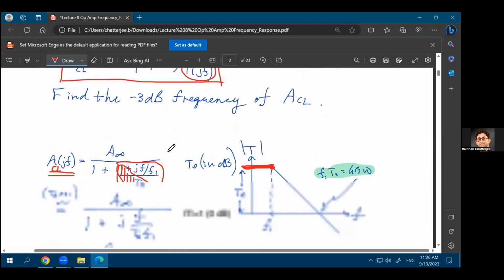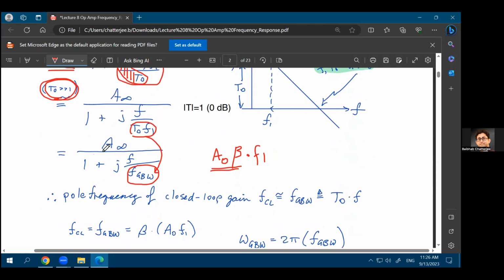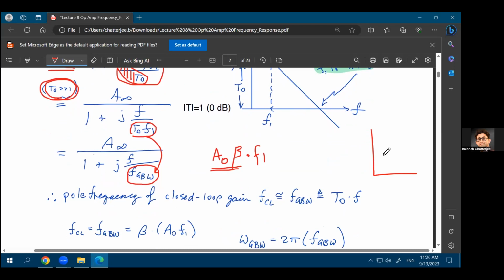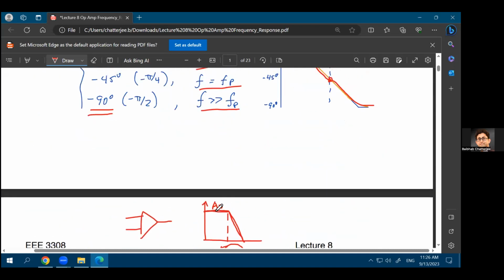When you put this in closed loop, you have an equation which looks very similar to the previous one, but it has a low frequency gain of A infinity. So the closed loop response will also look very similar. It has a closed loop gain of A infinity. In the open loop case, this was A naught.